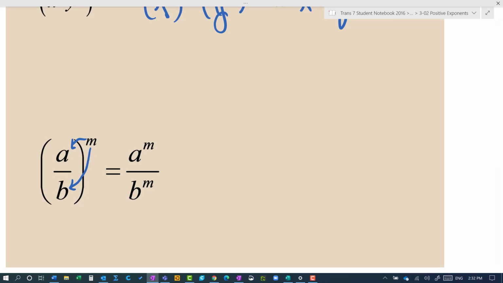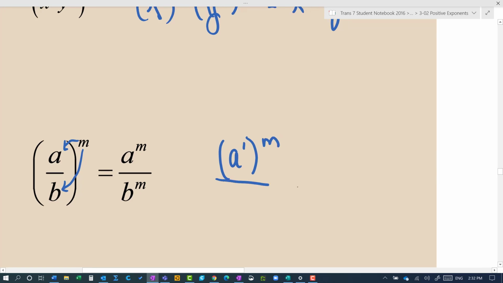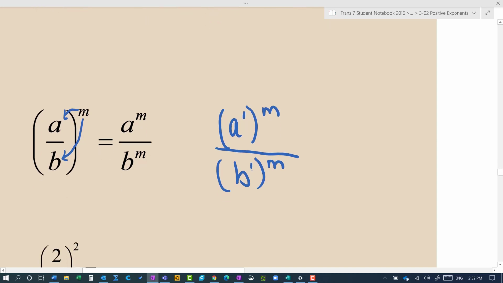So this is the same thing as a to the first raised to the m power over b to the first raised to the m power. And when you have a to the first to the m power, you're multiplying 1 times m to get m, and b to the first to the m power, 1 times m to get m. So that's how we get a to the m over b to the m.